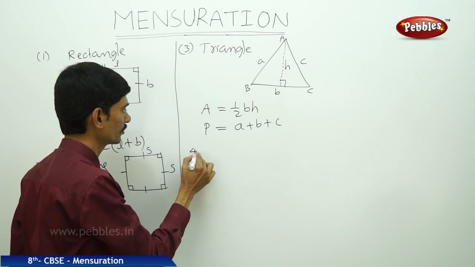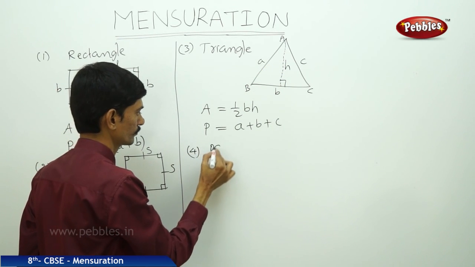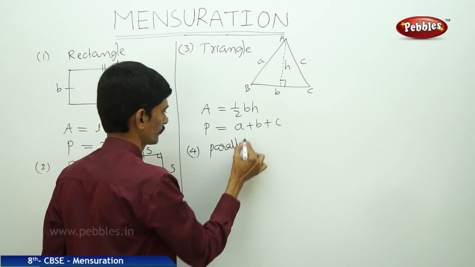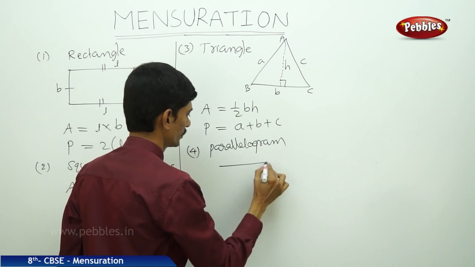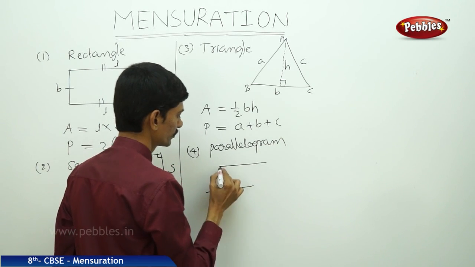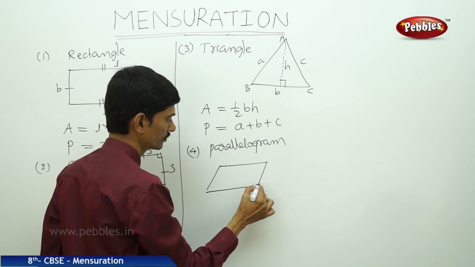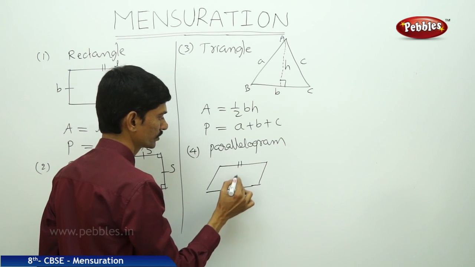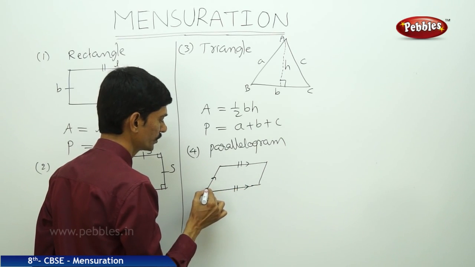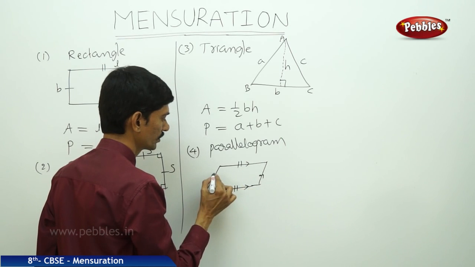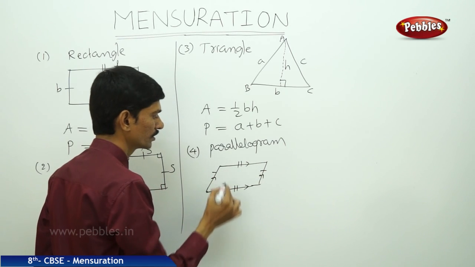Now consider a parallelogram, in which two opposite sides are parallel as well as equal, and the other two opposite sides are also parallel as well as equal.